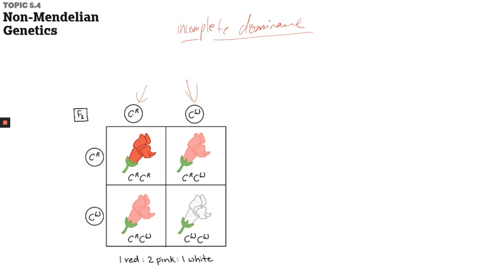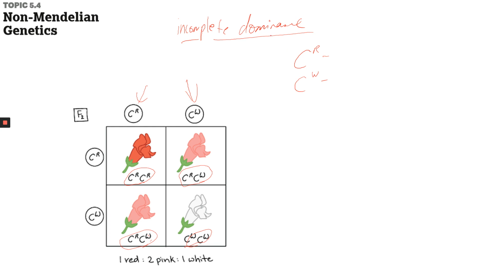So if you look, we still have two alleles over here, CR and CW. Neither of these is recessive to the other, right? If you have both CWs, you end up with a white flower. If you have both CRs, you end up with red. If you end up with a heterozygous situation with CR and CW, you're going to end up with pink flowers.